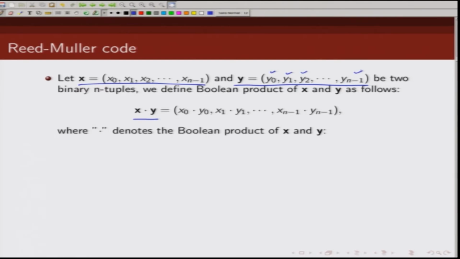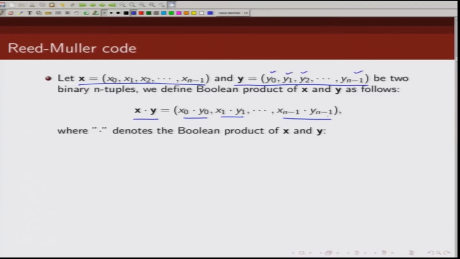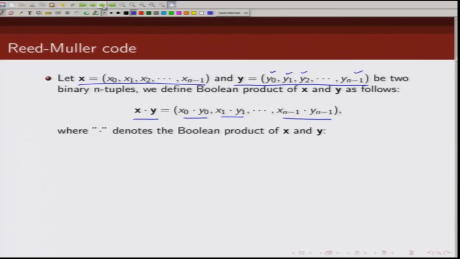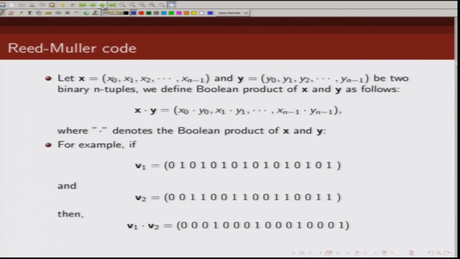Now, we define this Boolean product as a bitwise AND: x0 dot y0, x1 dot y1, x2 dot y2, up to xn minus 1 dot yn minus 1. So, x0 dot y0 will be 1 only if both x0 and y0 are 1, otherwise it will be 0, and same with others. So, xi dot yi will be 1 only if both of them are 1. That is how we are defining this Boolean product operation.